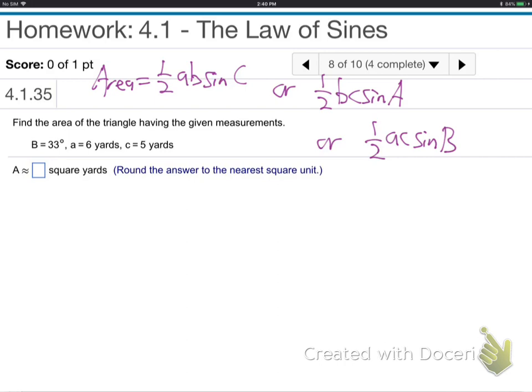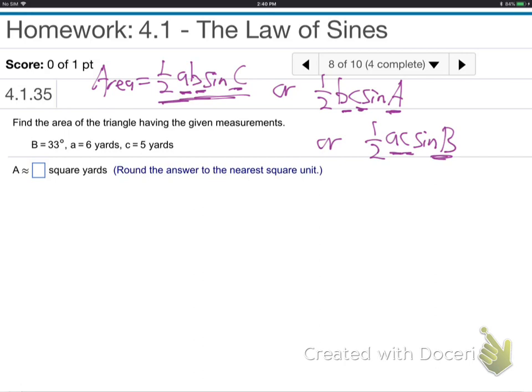Do you see the pattern there? Math and science is about patterns. So you don't want to just try to raw memorize those. Look at the pattern. Notice, they always have a half. They have an A and a B and the sine of the other letter, or a B and a C and the sine of the other letter, or an A and a C and the sine of the other letter. So it's any 2 sides and the sine of the other one, huh?